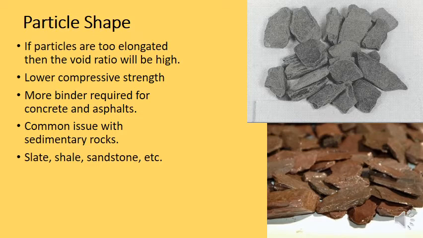Now, what sort of rock would it potentially break into these flaky particles when you make it into an aggregate at the quarry? Well, it's sedimentary rock. You're going to learn about this in Introduction to Geology for Engineers with Mr. Varajan. But basically, sedimentary rock has been compressed into layers of minerals called strata.